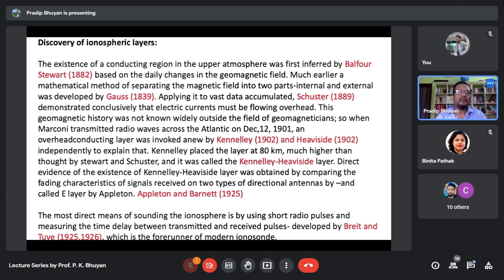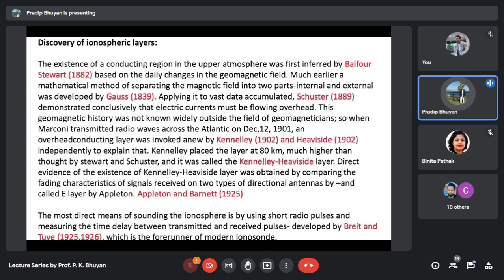Now, when it came back, how did they calculate? This is only a radio wave, an electromagnetic wave, so we know its speed.